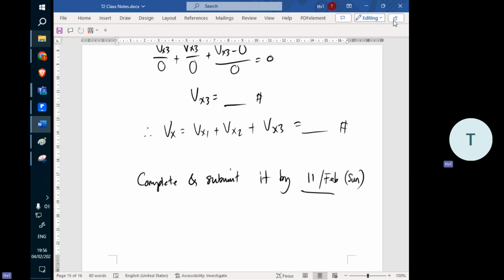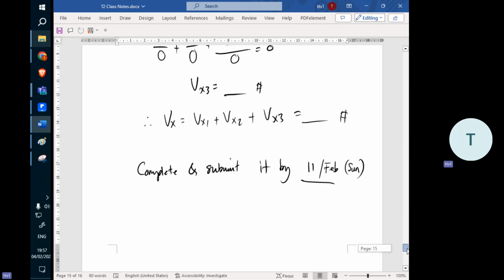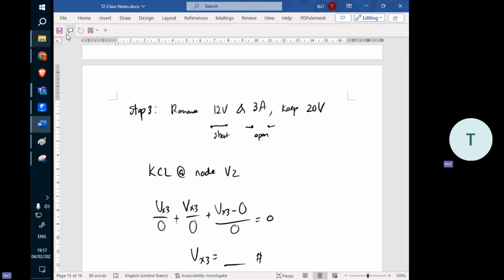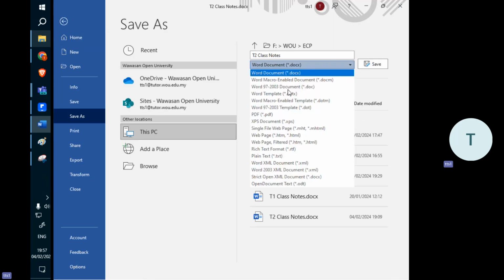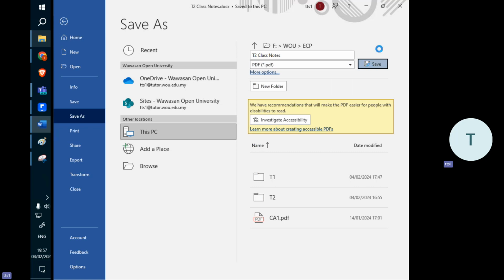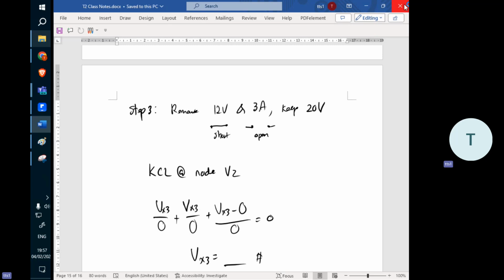I hope I can remember to remind you a few days before this happens. Okay, that's all for today. I'll save and then share with you the T2 classwork on WhatsApp, because we're 3 students.